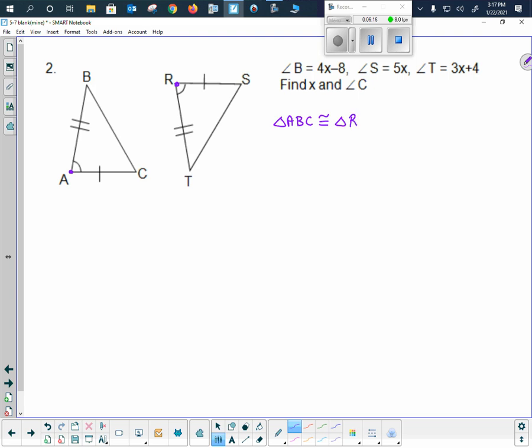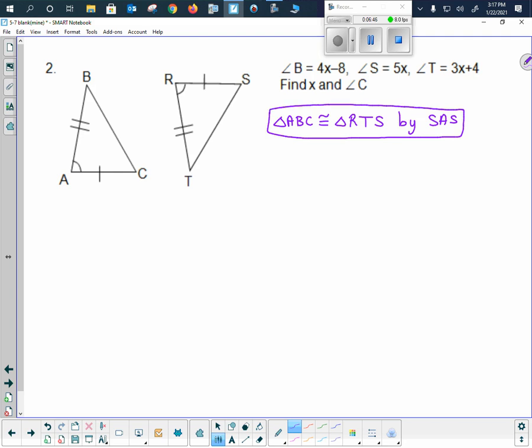Now if I go from A to B across the double mark, then I've got to go from R to T across the double mark, which means by default S is the last angle that I would include there. Get rid of that so we can continue to use it. And we said that they would be congruent by side angle side. Okay, so there's the first part of our information.